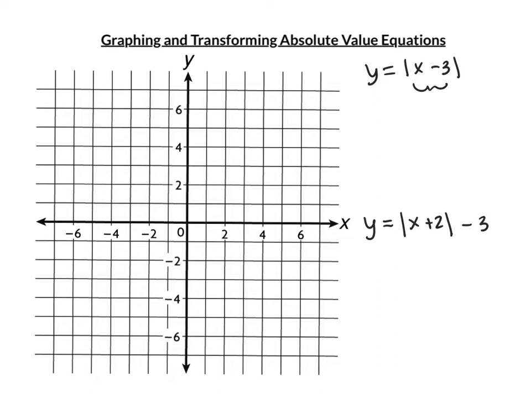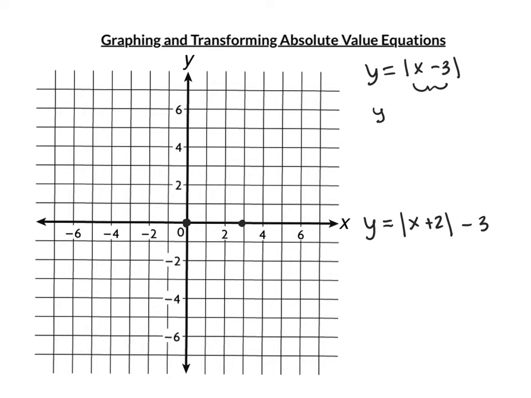So 0, 0 would have been a point on the parent function, now becomes 3, 0. Note that if you plug in 3 in this equation, 3 minus 3 is 0, and y is 0. The absolute value is 0, 0. That's the only change. This is a shift 3 to the right. The rest is exactly the same.